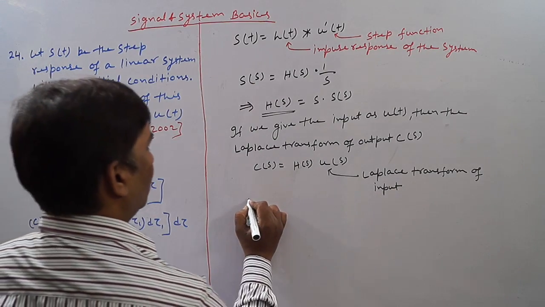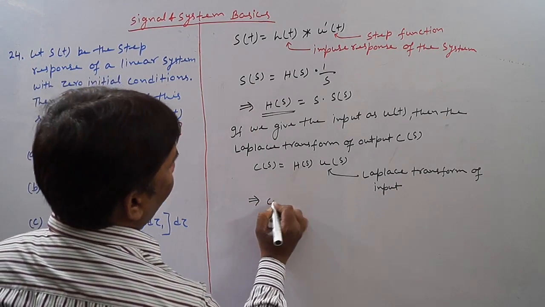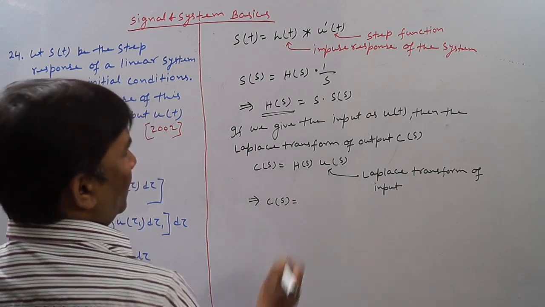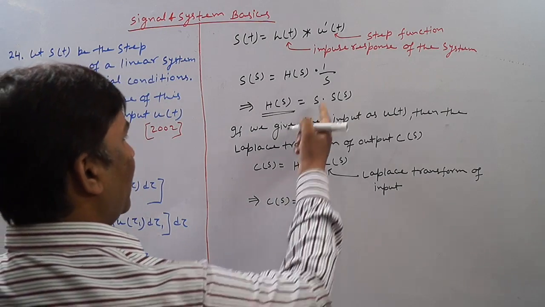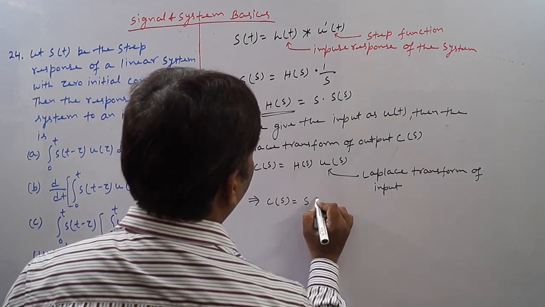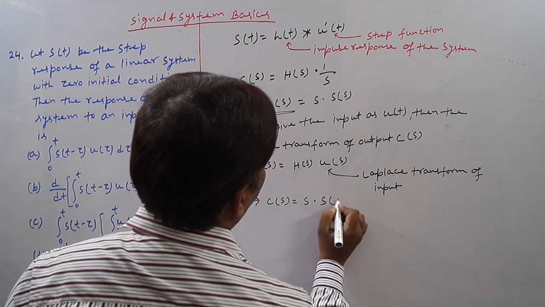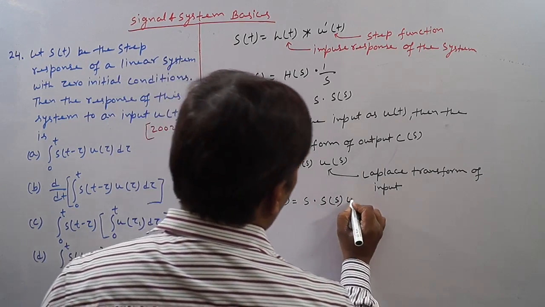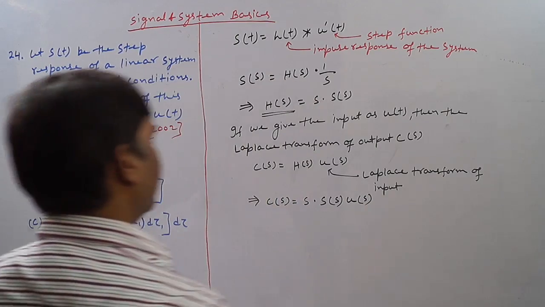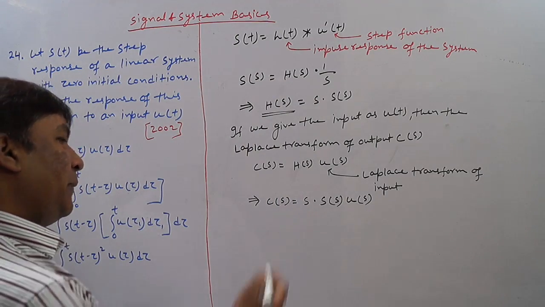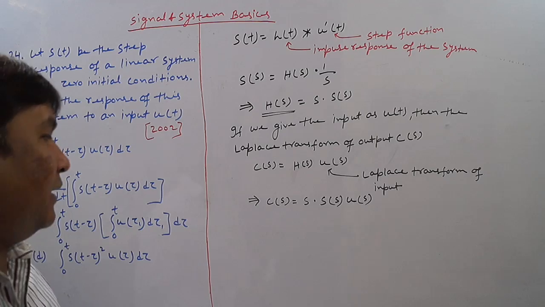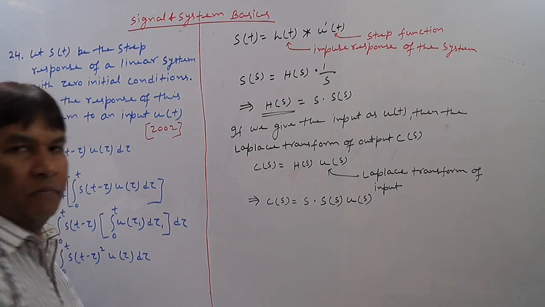Now we can write C(s) as H(s), which is nothing but s into S(s), multiplied by U(s).